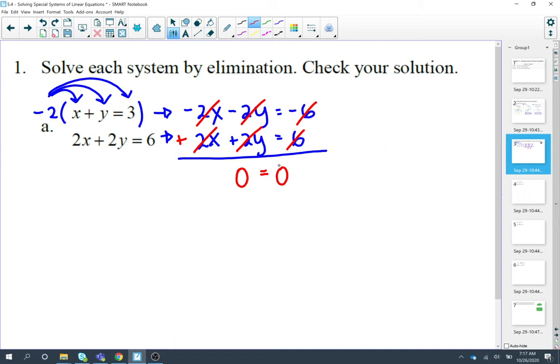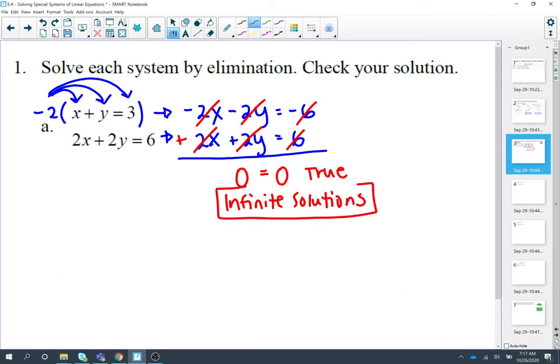So 0 equals 0 is true. So if I get down to a true statement, that means infinite solutions, meaning any point that I pick that satisfies one of these lines will satisfy the other line.